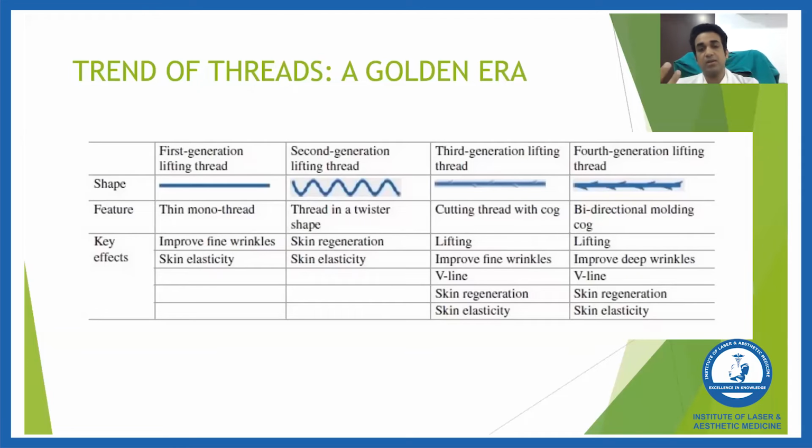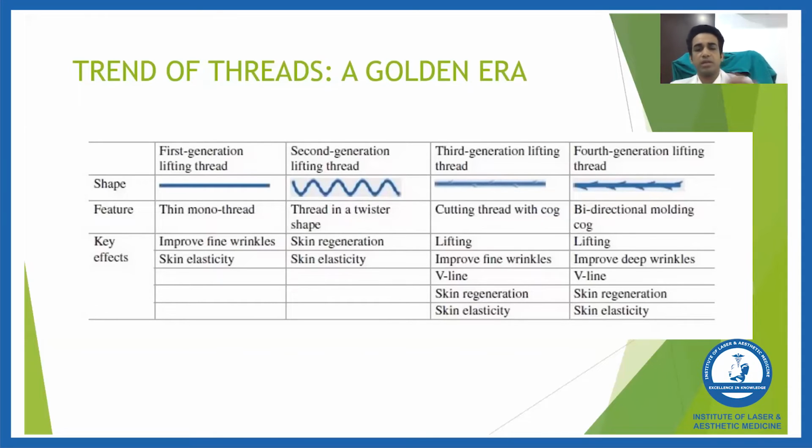It increases the collagen, mainly type 1. This is true for polydioxanone threads, or the PDO thread, also known as PDS thread. We will be coming to that. When we talk about PLLA threads, there is a formation of type 1 and type 3 collagen, even better, right? We will quickly discuss that.